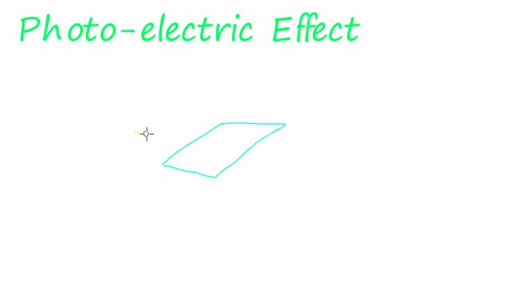What was discovered is, when you shine light on metals, the light has the ability to knock electrons out of the metal. If the light can hit it with enough energy, an electron will be emitted.